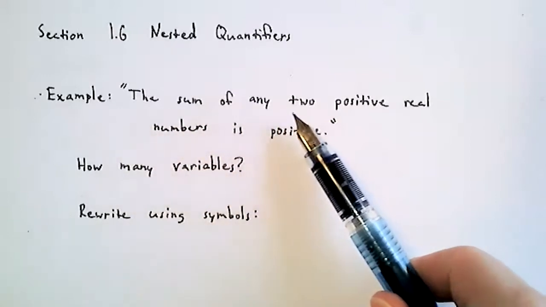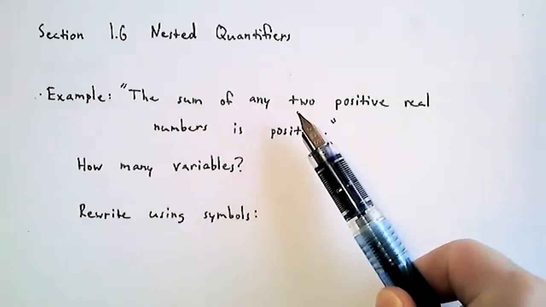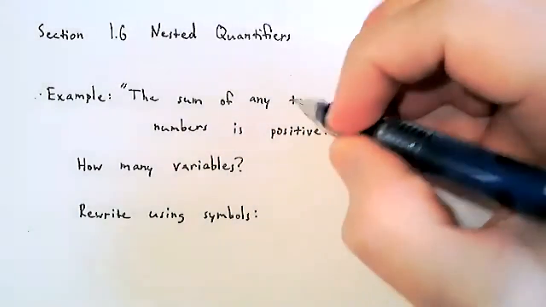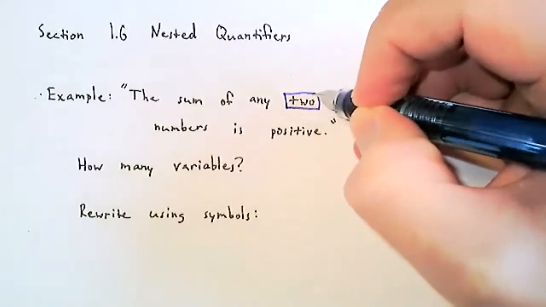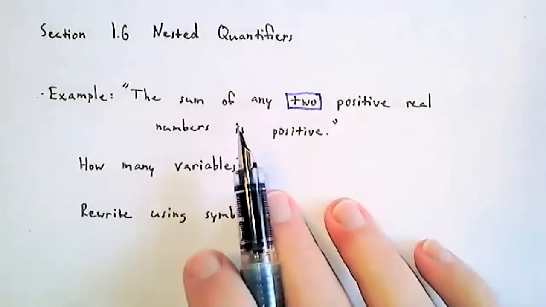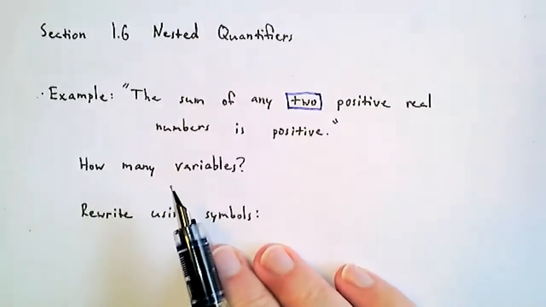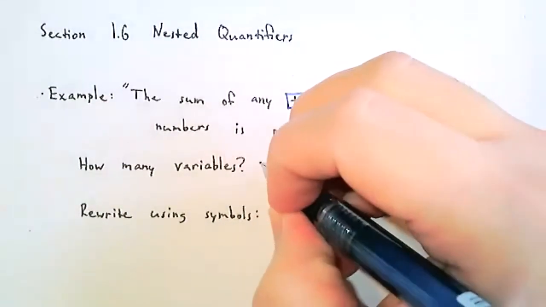Well, the key word is this one, the sum of any two positive real numbers. Maybe we can just box that. So we're going to be adding two things. That means there's actually going to be two variables this time instead of one variable like we had in all of our propositional functions last time. So there's two.